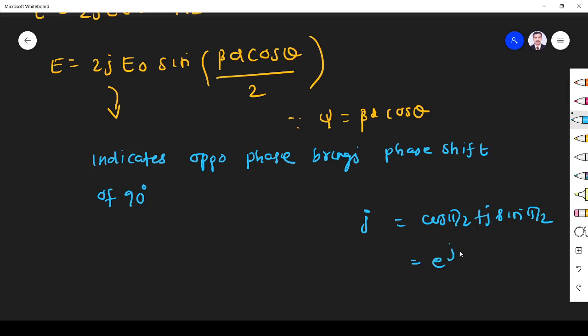That's what j is. So it is e power j pi by 2, which is nothing but a phase e power j theta. So whenever we have a complex term j, it indicates a phase of 90 degrees. That is very, very important. So here in the electric field we have a j term, and whenever a j term is present in your equation, it indicates a phase shift of 90 degrees in the total field.